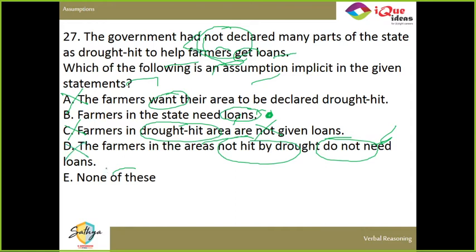So B is the only option which somewhat makes sense. So we will go with B. Are we together? None of the other options are great. Right, guys? Okay. Moving ahead then.